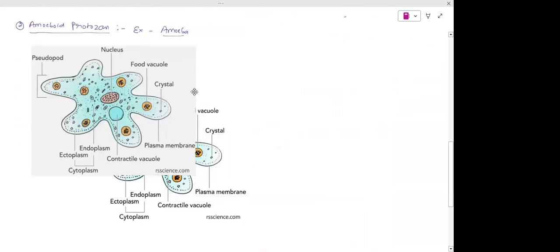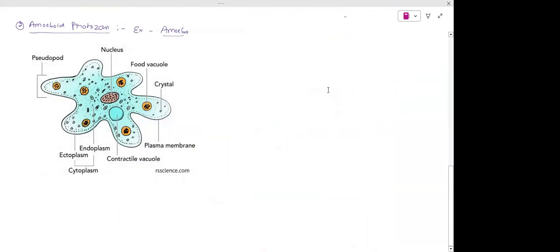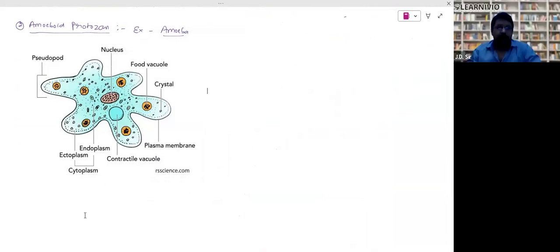Look, this is amoeba. Amoeba is found in dirty water where organic substances are found, so it feeds on the organic substances.